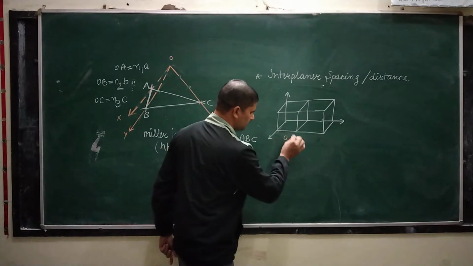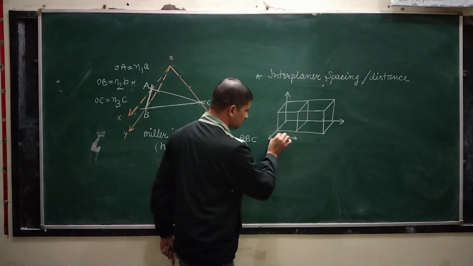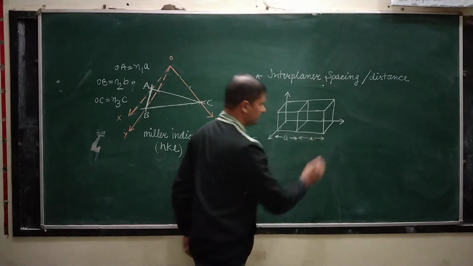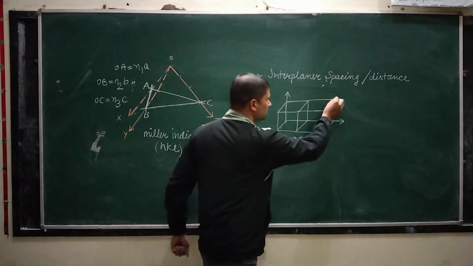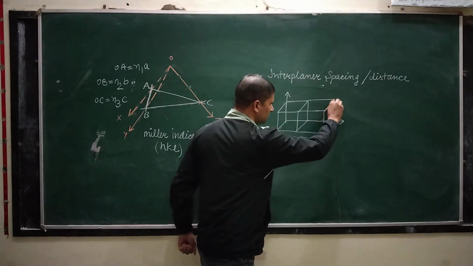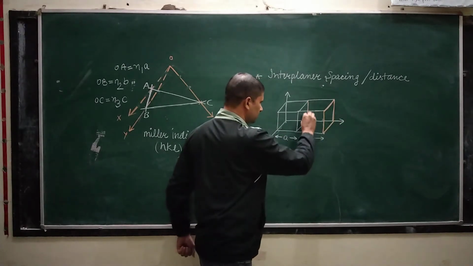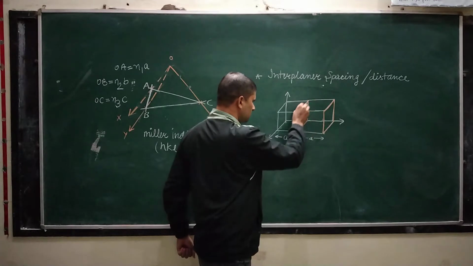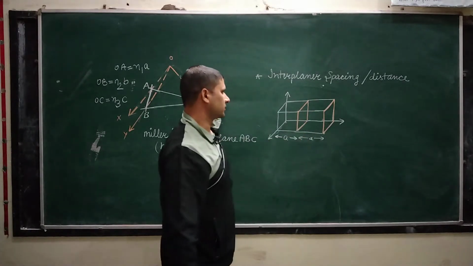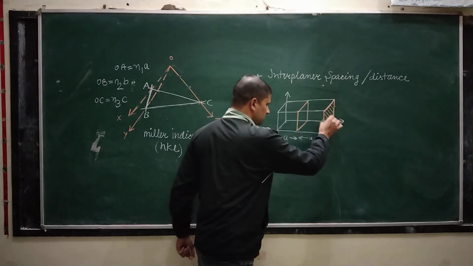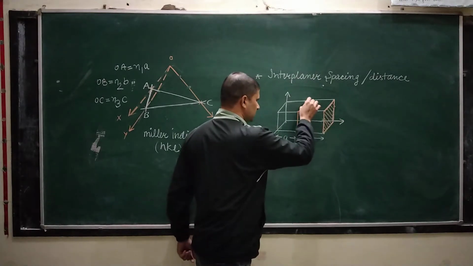This is a up to this distance, again it is a, and we have two planes. I am taking this plane, this one, and this plane. Now the distance between these two parallel planes is a.